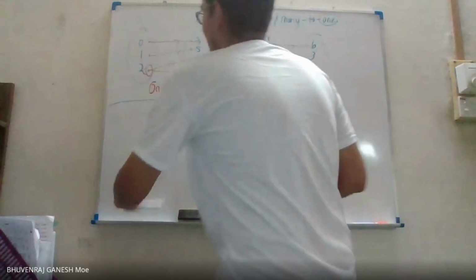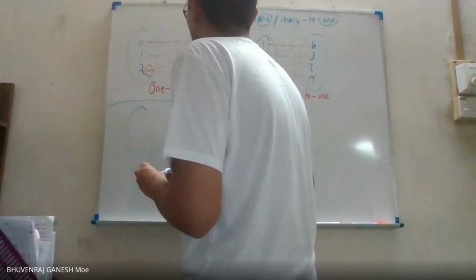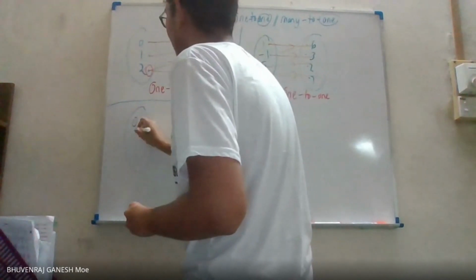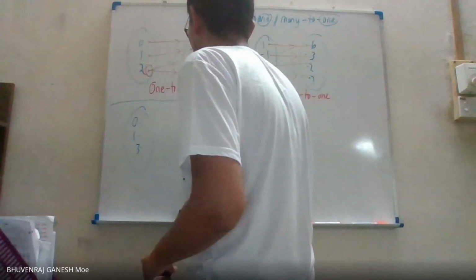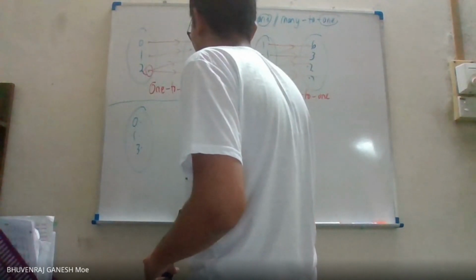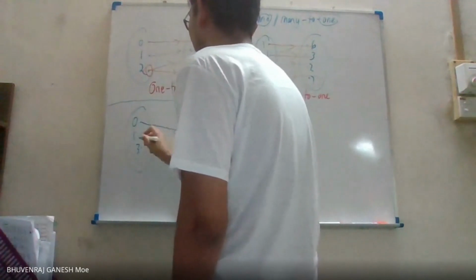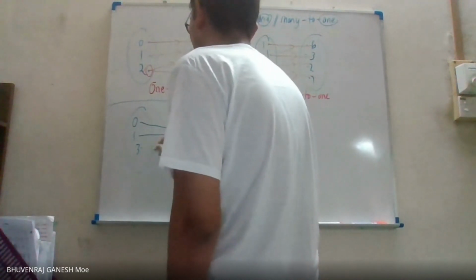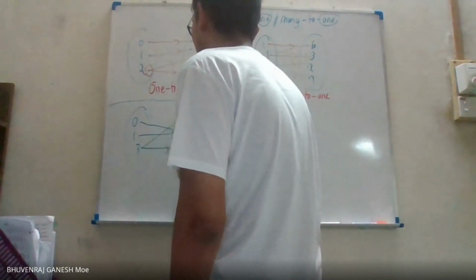And then the third type. 0, 1, 2, 5, 7, 16. Match this here. Match this here. Match this here.